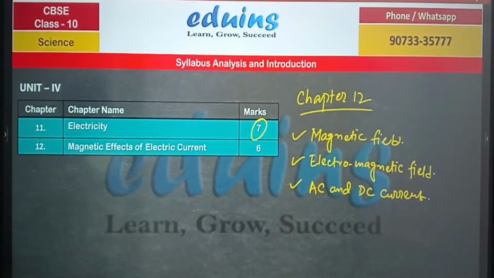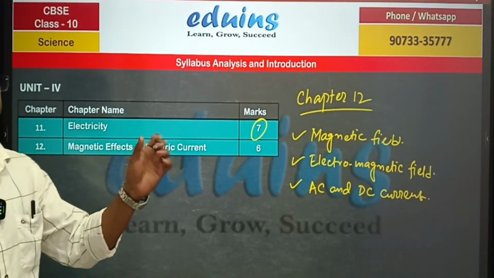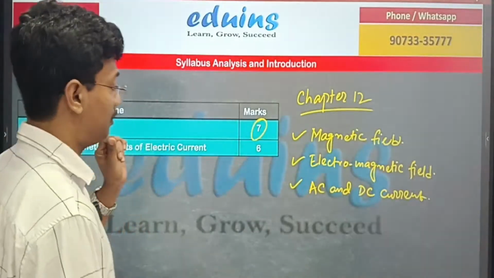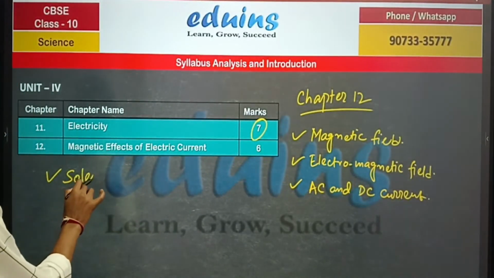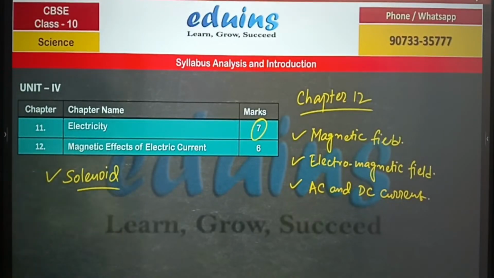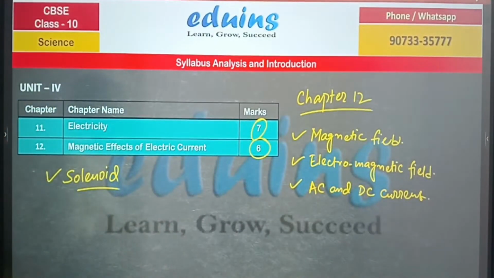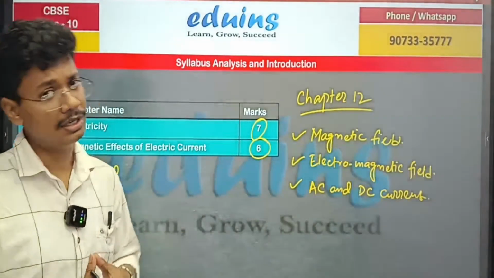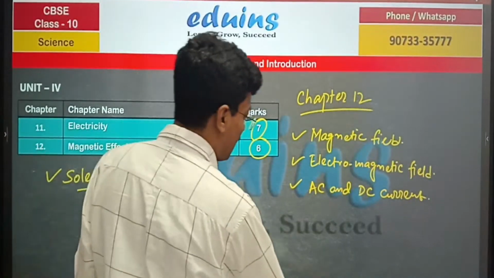So these are included in your chapter 12. There is one topic, that is solenoid. This is included in chapter 12, and you will get 6 marks from this chapter in your board exam.